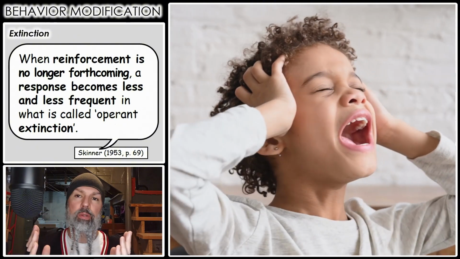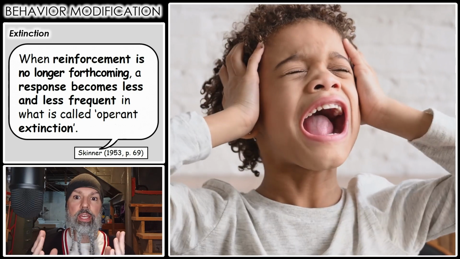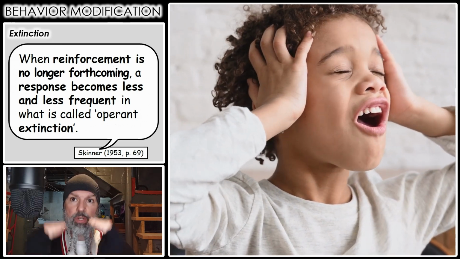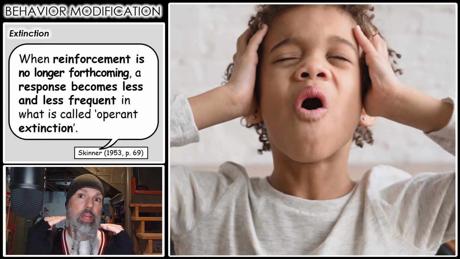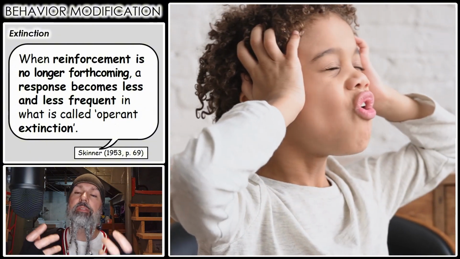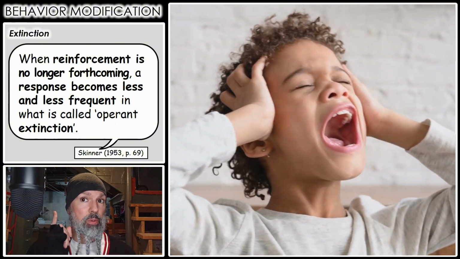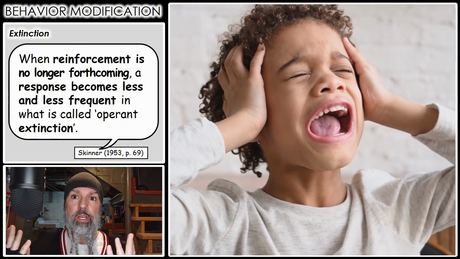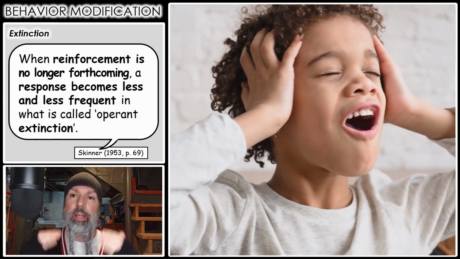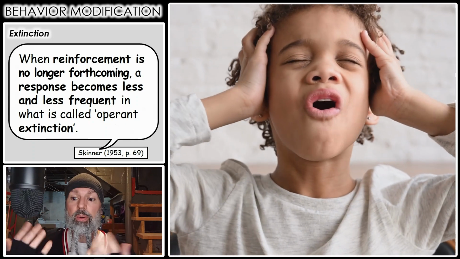So if a child throws a tantrum because they want a cookie, in order to reduce the motivation for those tantrums, you might give the child a cookie, not after they throw a tantrum, but just at random intervals, right? So that their desire for that cookie is satisfied and they don't have to throw the tantrum.